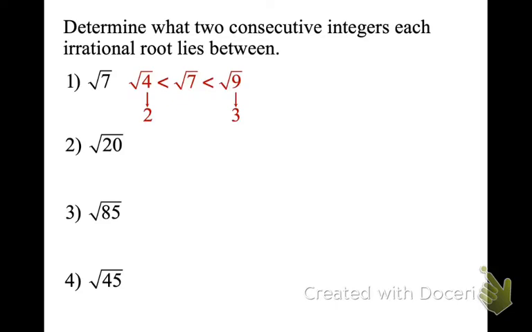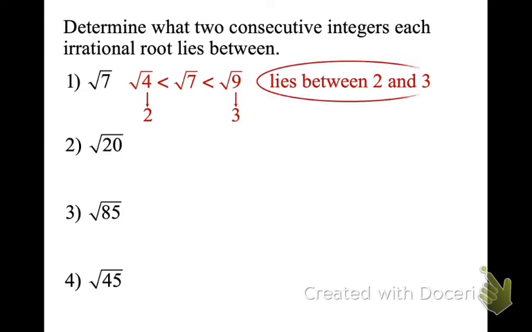All right, let's check our work. 20 falls between the square root of 16 and 25. The square root of 16 is 4, the square root of 25 is 5. So the square root of 20 lies between the integers 4 and 5.